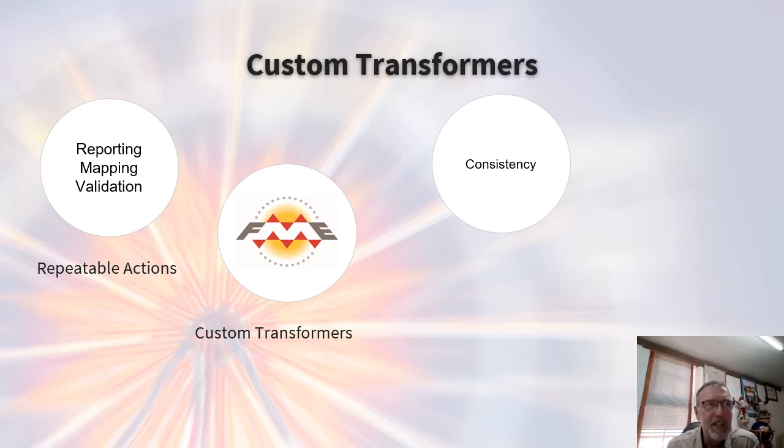I don't know how many times I've seen developers misspell something, or the formatting of one part of the report is different to the other, and you're just going, why aren't you guys being consistent? By using a custom transformer, they only have to do it once, therefore removing that consistency problem, because all of the variables are done in one spot.